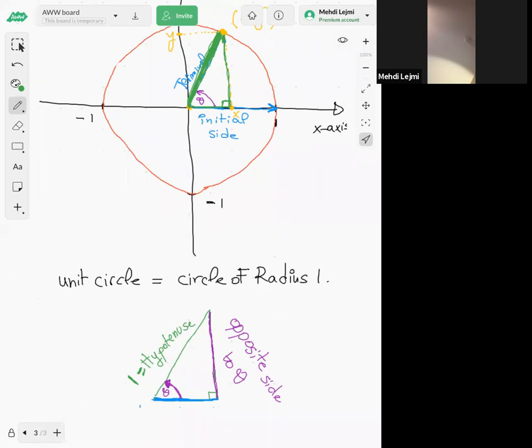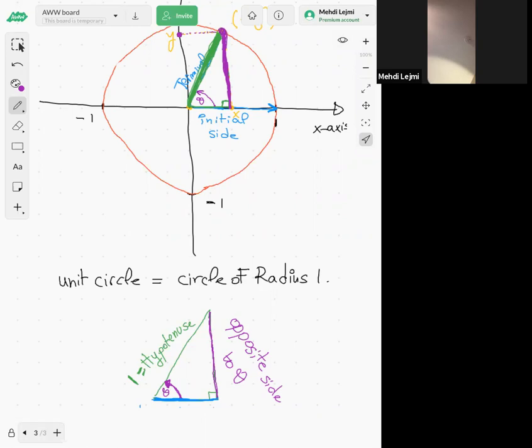Now, what's the length of the opposite side of theta? In this picture, this is the opposite side of the angle theta. What's the height of this side? Well, this point here has the y coordinate, which is the height of my point.